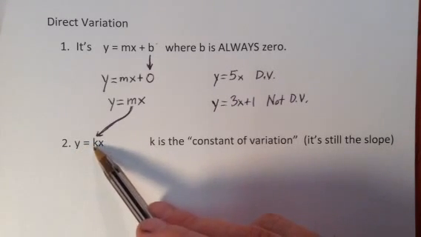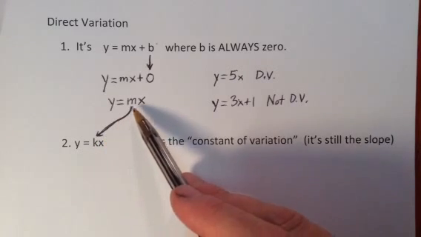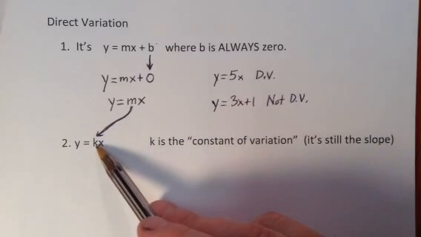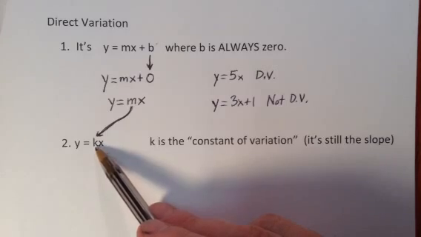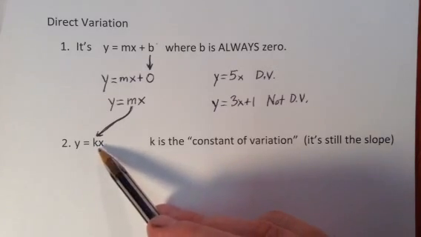K is the constant of variation, but it acts the same way as a slope. It's still a rise over run. It's still a ratio. All right? So there's nothing different except they gave it a new letter, but it means the same thing.